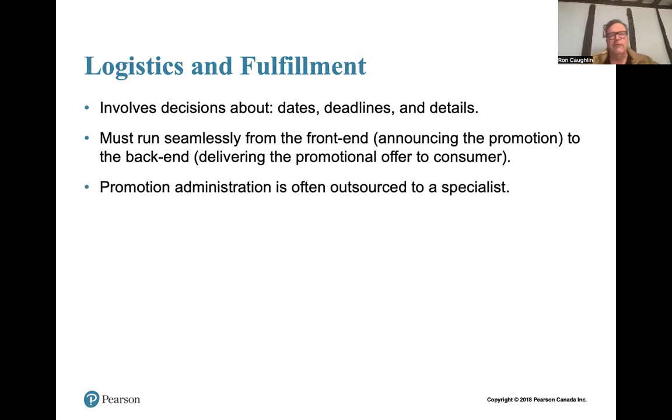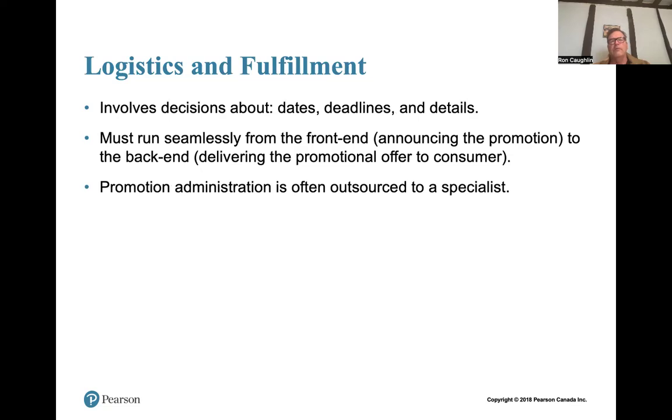From a logistics and fulfillment perspective, this involves dates, deadlines, and details. It organizes how you're going to get the promotional pricing elements out, or other elements to the people that have won, if it's a sweepstakes, for example, the contest. You must run a seamless promotion from the front end in terms of announcing and promoting the promotion to the back end when you're delivering the promotional offer to the consumer.